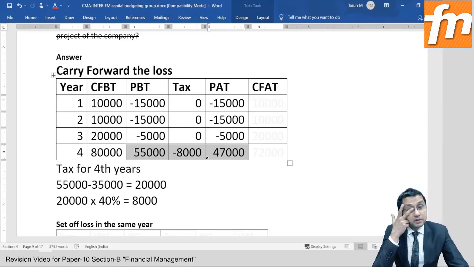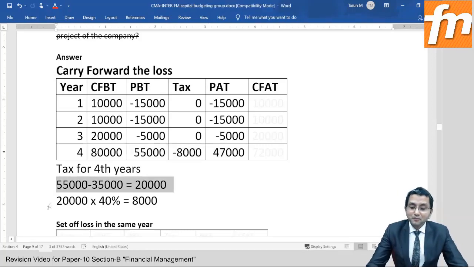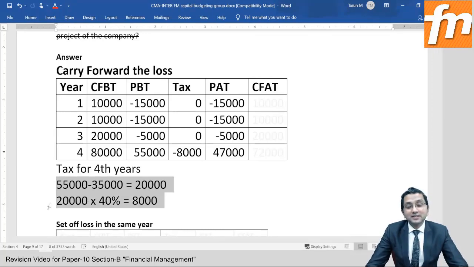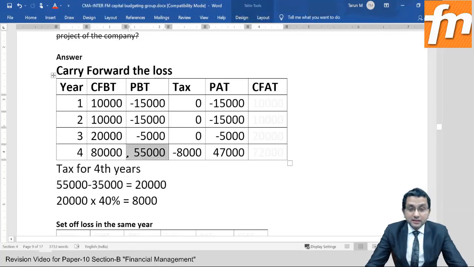Some students can commit a mistake over here. They may think that my profit is 20,000, my tax is 8,000, and that's why my profit after tax is 20,000 minus 8,000, equal to 12,000. No, never. 20,000 is not the profit. 20,000 is the taxable profit. Your profit for the fourth year is 55,000, on which you are supposed to pay 8,000 as tax. So your profit after tax is 47,000.